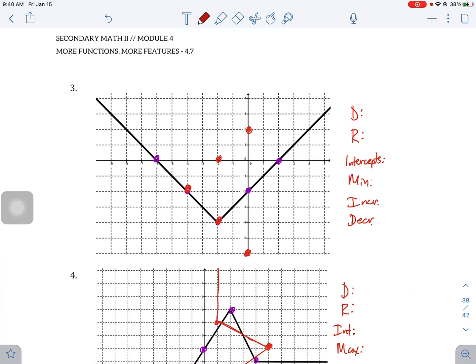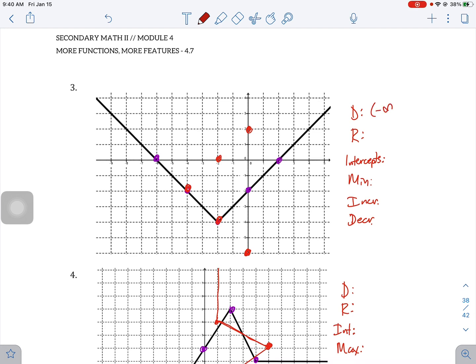Next one. Looks like an absolute value function. Domain is unrestricted. The range is as low as -4. The intercepts, we can see x-intercepts at 2, 0, as well as -6, 0. Those are the x-intercepts. The y-intercept is at 0, -2.